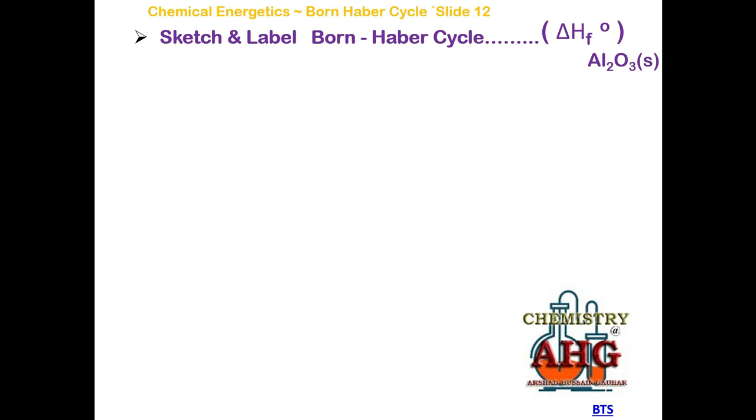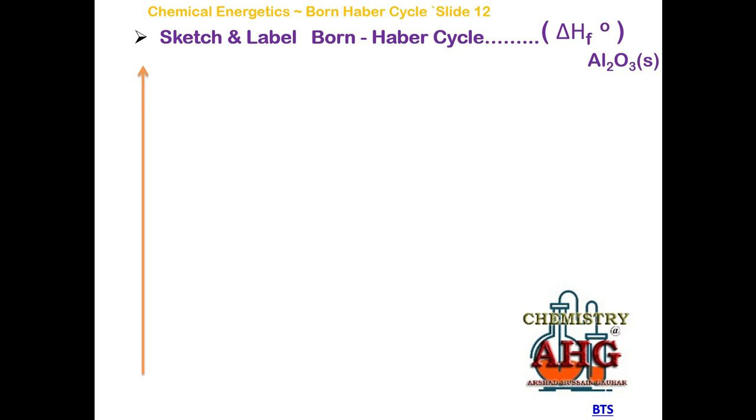Step number one, atomization. Step number two, ionization. Step number three, formation of ionic lattice. And you must also know the enthalpy change involved for each of these three steps.